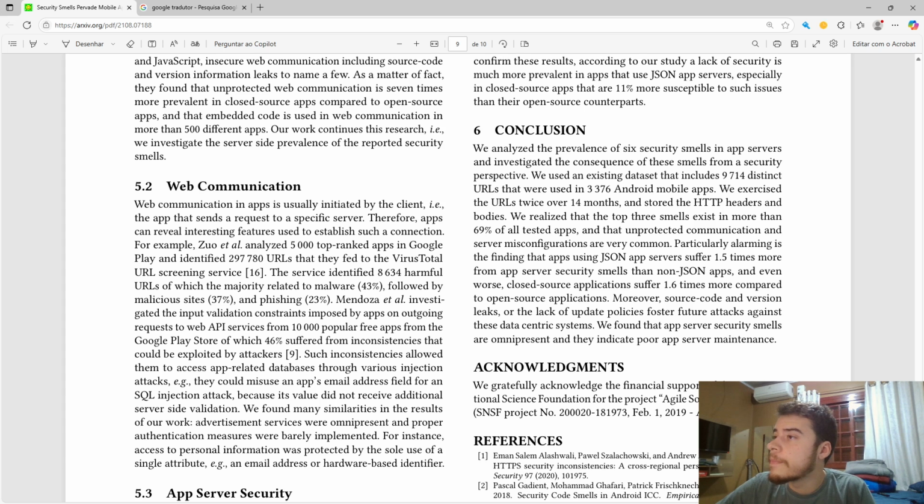So they see that unprotected communication and server misconfiguration are very common, mainly in apps using JSON. App servers suffer 1.5 times more from app server security smells than non-JSON apps. And they found that the quantity of security smells present indicates that the app servers don't have much maintenance.